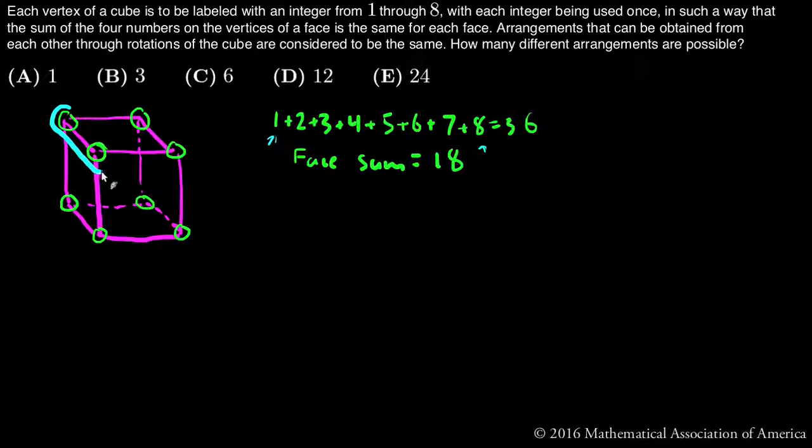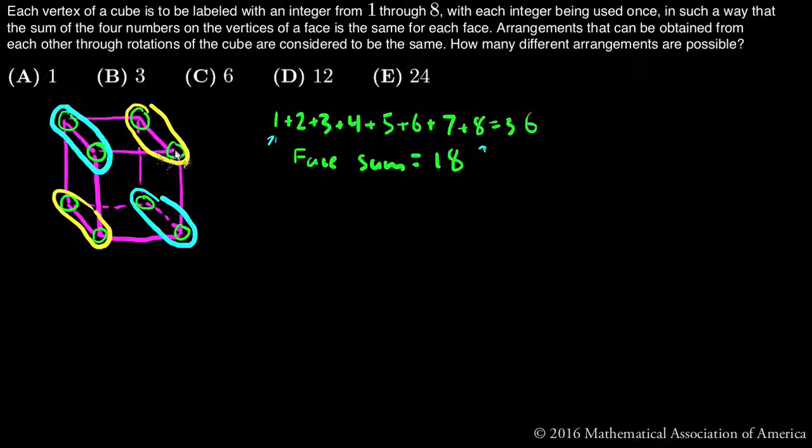So if we consider opposite edges, for instance this edge to that edge where they don't share a face, and this yellow edge to this yellow edge, opposite edges must have an equal sum. The reason is this. If this edge has a sum, let's call it 10, then this yellow must have a sum of 8, so 10 plus 8 is 18.